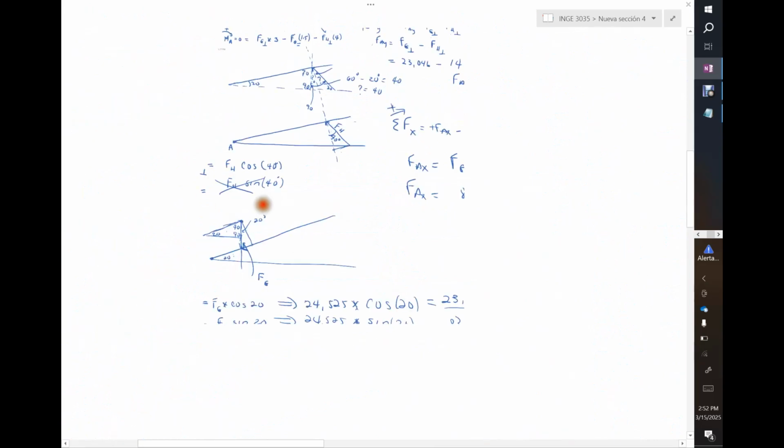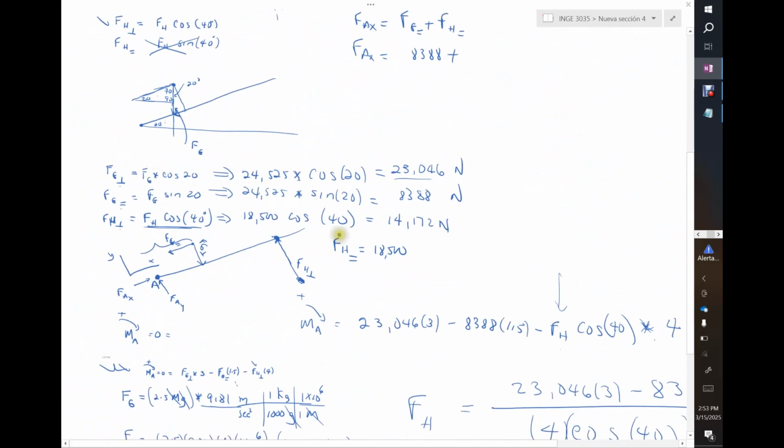So the only thing I need to change is instead of cosine of 40, it's sine of 40, and that will be 18,500 times sine of 40. That's about 11,892 Newton.